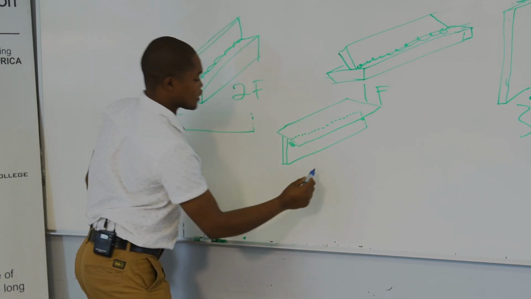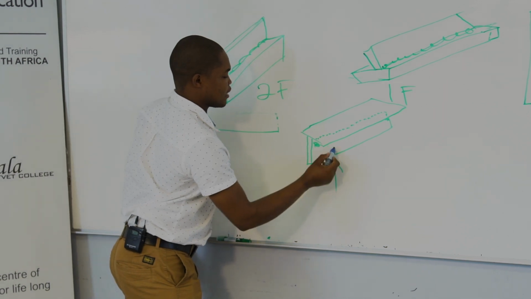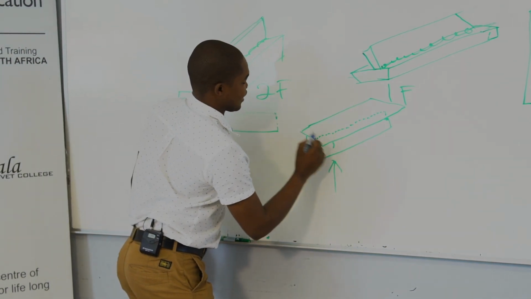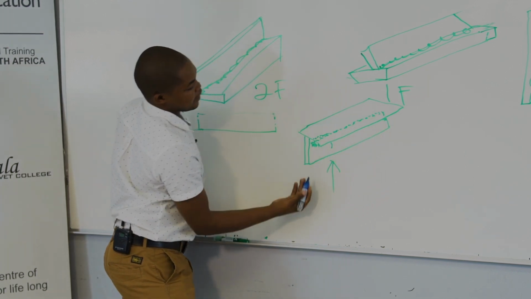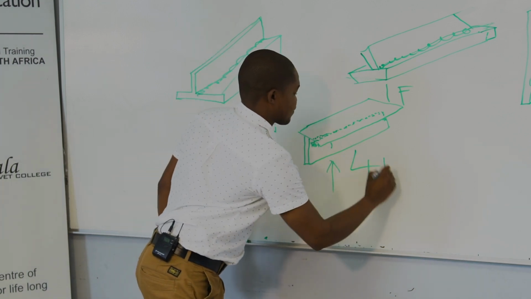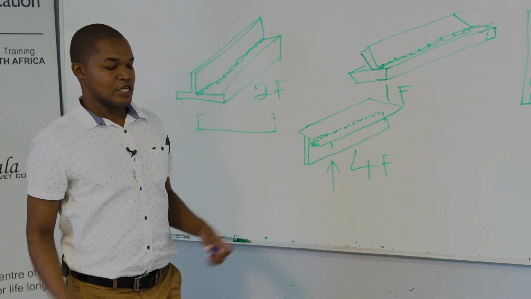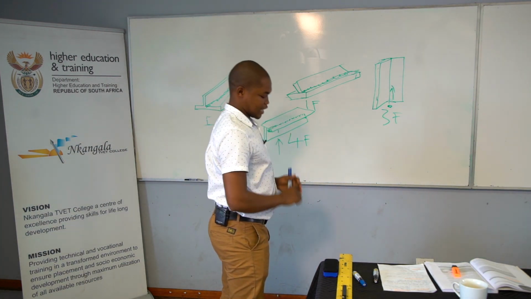Your welding is going to be at the bottom here. With the hidden details, you can see this is my welding under there. This is what we call the 4F positions. So now, these are the fillet welds that we've got.